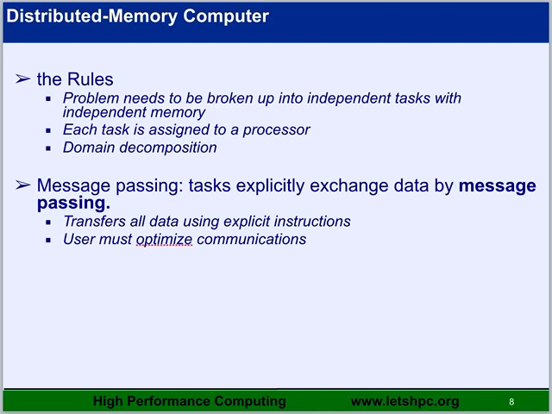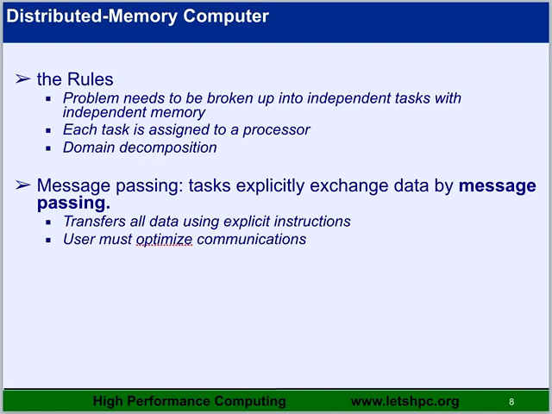So, what are the primary rules as far as a distributed memory computer is concerned? The first rule is that the problem needs to be broken up into independent tasks with independent memory. Each task is assigned to a processor.